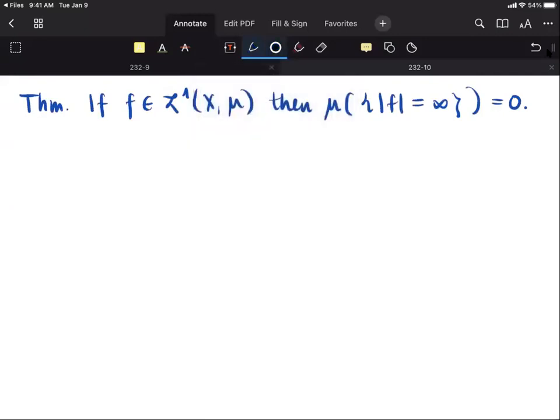Again, for a Lebesgue integrable function, the set of points where the function assumes positive or negative infinity should have measure 0.